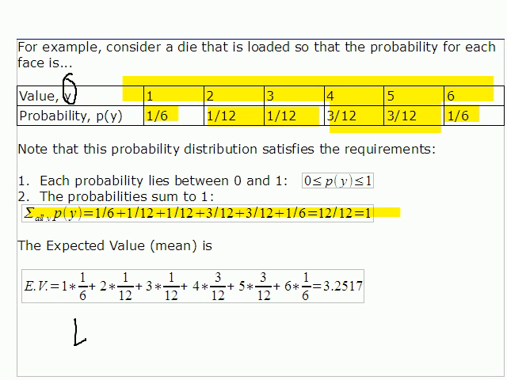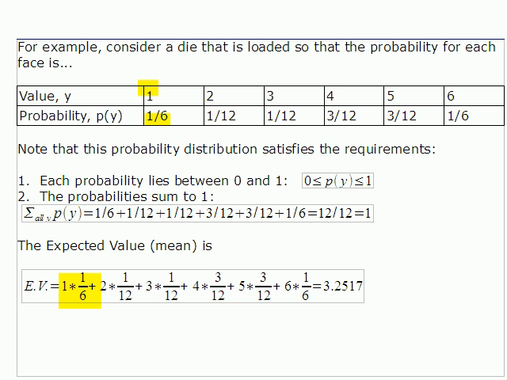Okay, for the expected value, let me write that equation again. The expected value is going to be the sum, and in this case I'm going from Y equals 1 to 6. Those are my 6 values here. Y times the probability of Y, for each Y. So the first Y is 1. It has a probability of 1/6. You multiply those two together.